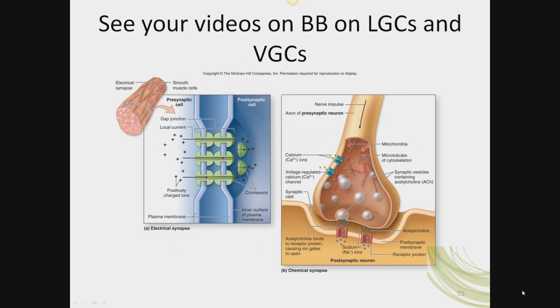So again, the action potential can get down to the terminal bouton, and calcium voltage-gated channels open, as shown on the right picture here, and that leads to synaptic vesicles fusing and exocytosing. And again, this can keep continuing from one neuron to the next, or even from a neuron to a skeletal muscle cell, or some other involuntary effector.